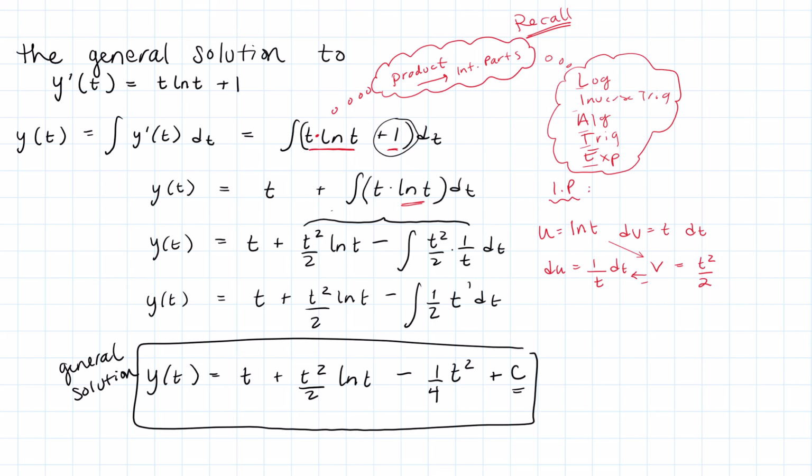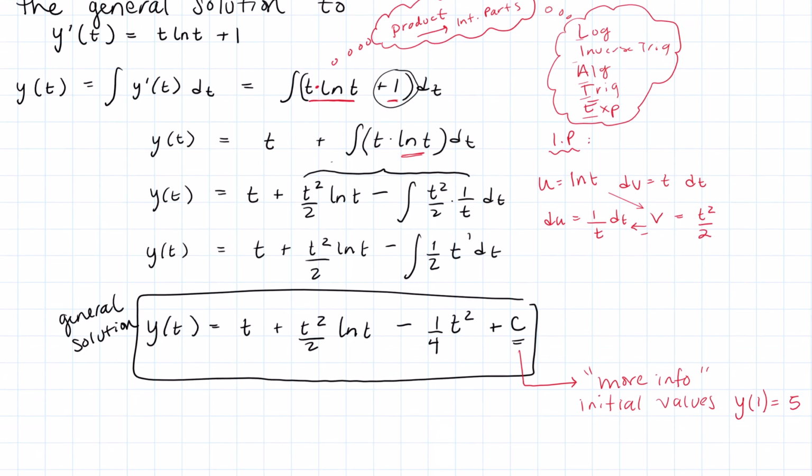Given more information, I keep saying that because on the next video, we're going to talk about what we call initial values. Something like y of 0, if we knew that. Actually we can't do y of 0 because the natural log is not defined at 0, but we could say y of 1, if we knew y of 1 equals 5.